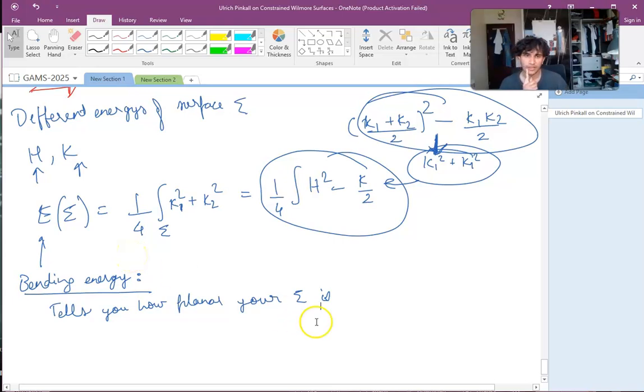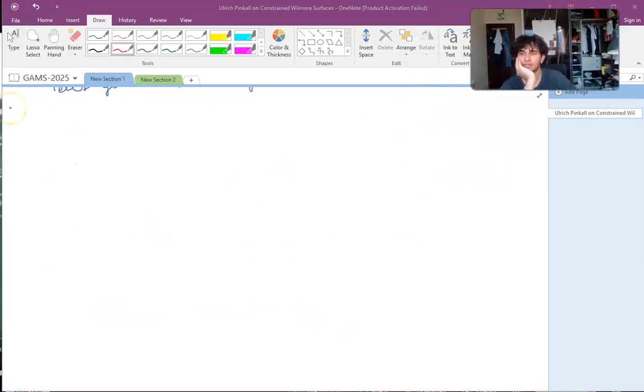Okay. Now I'm going to go more down. Okay, so E of sigma is going to tell you how planar this is, right?